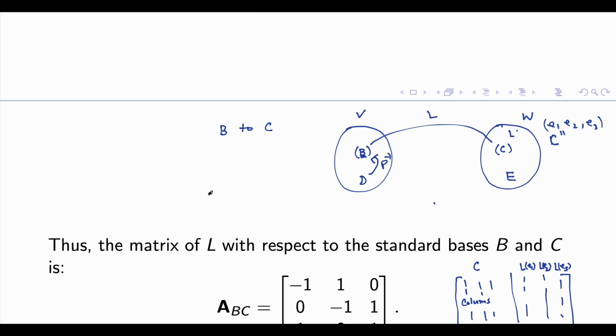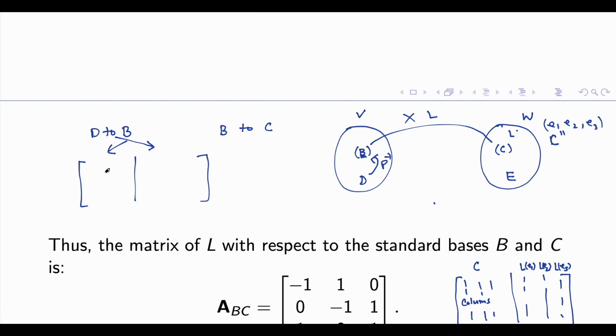So how do you find the transition matrix? Again coordinatization will work here. So you want to find D to B, right? D to B means linear transformation is not used. You are here in this domain, right?